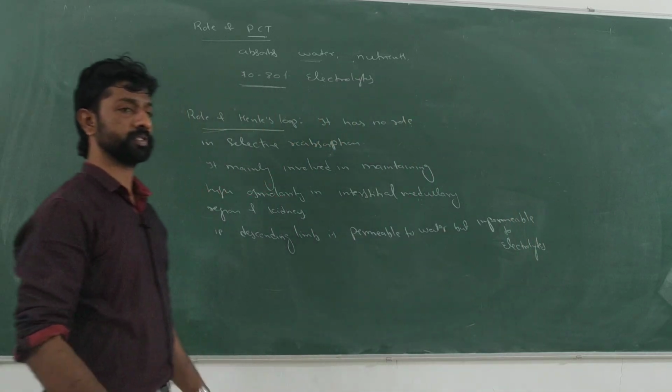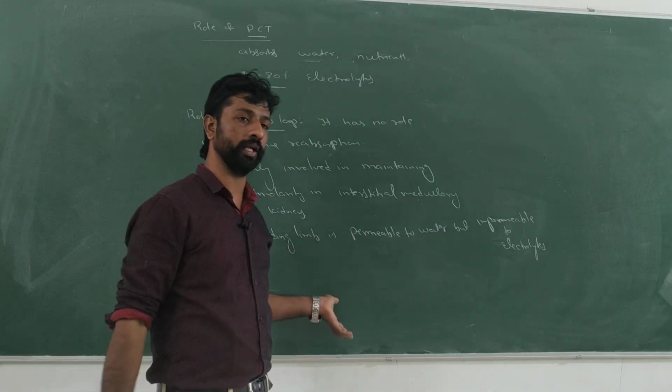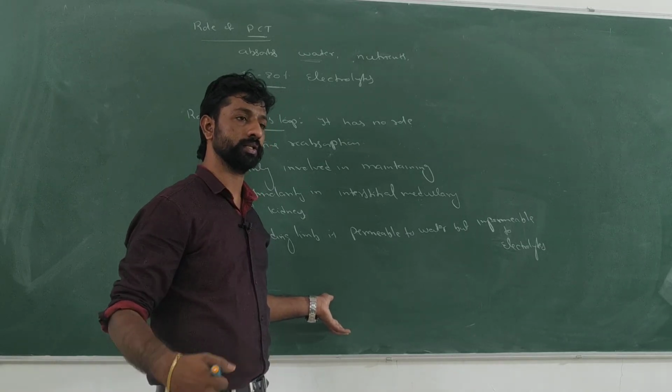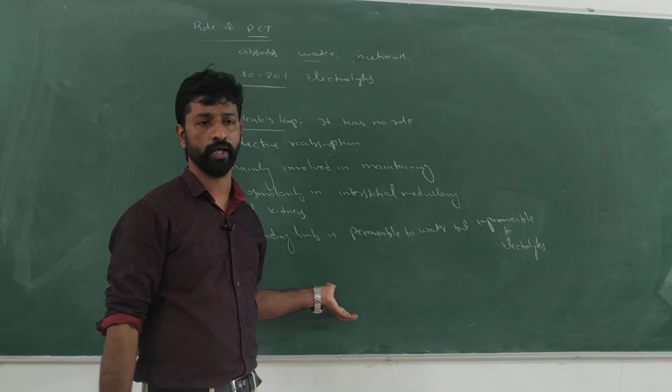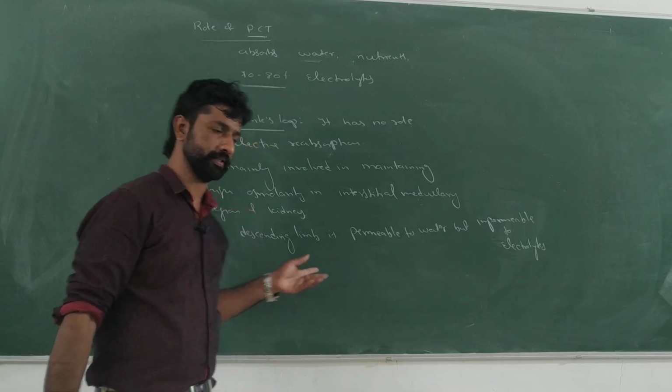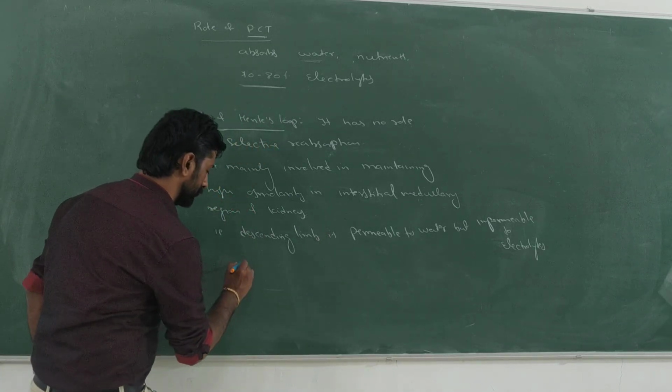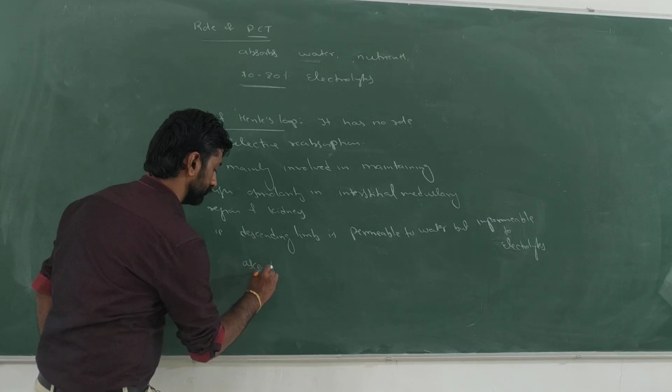As a result, what happens? As the water moves out of that descending limb, the salt concentration increases, so that osmolarity increases towards the interstitial medullary region. Opposed to this, the ascending limb.